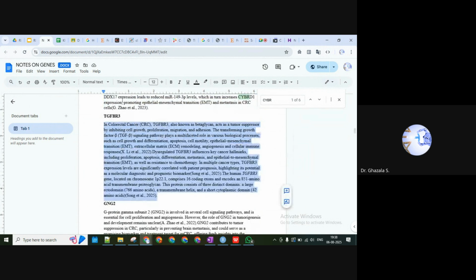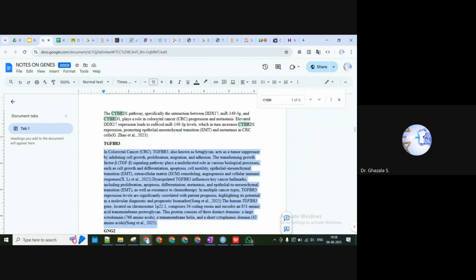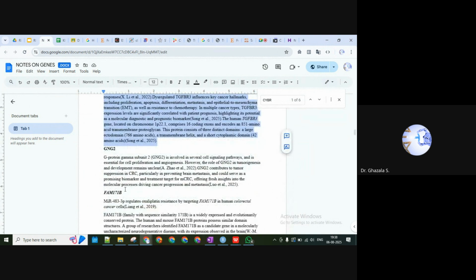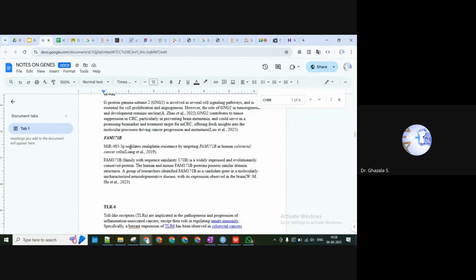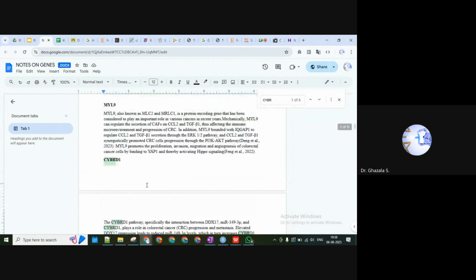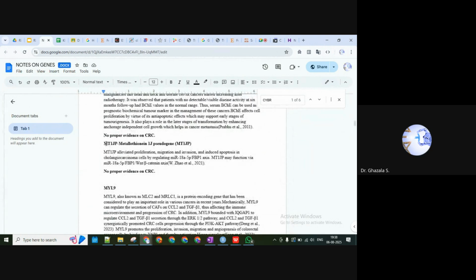This is also important: if we are correlating two genes which already exist separately, where information is there in papers but separately for independent genes, we can also correlate the information that we are getting. And apart from that, we can also work on their relativity with the novel genes. So let me check for any novel gene here.